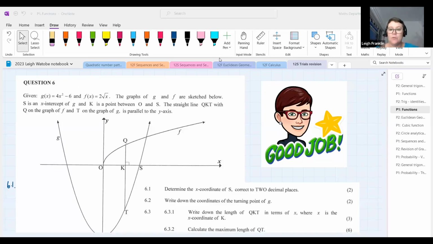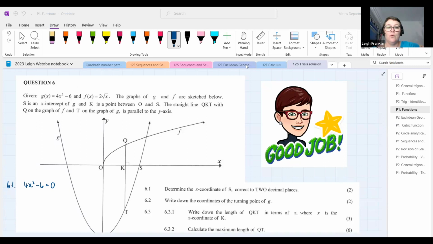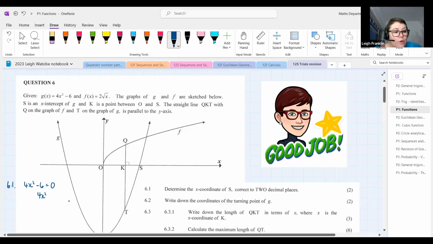Let y be equal to 0. Good. And you can see it's only out of 2 marks. So 1 mark will be for taking 4x squared minus 6 and making it equal to 0. Cool. So now we want to solve for x. I'm going to put the 4x squared on one side and the 6 on the other side. Divide both sides by 4.